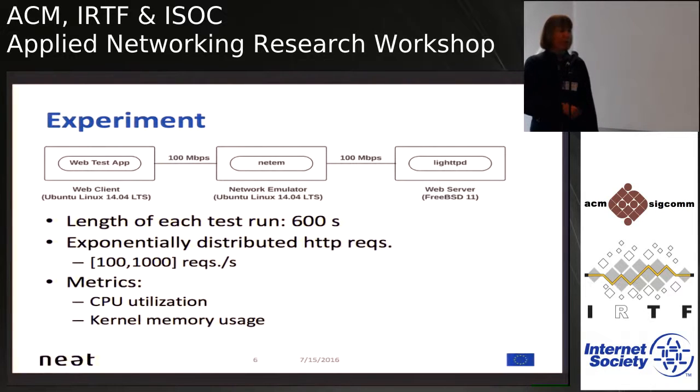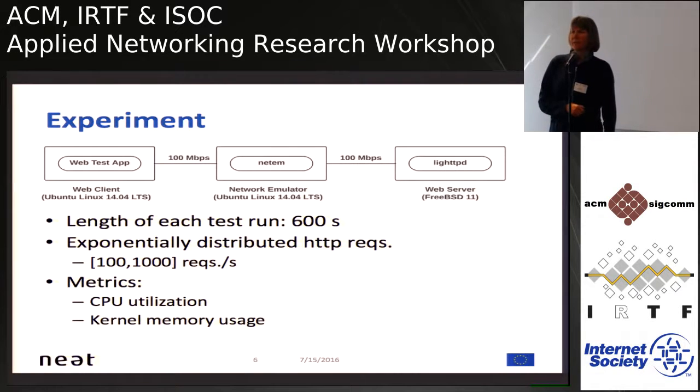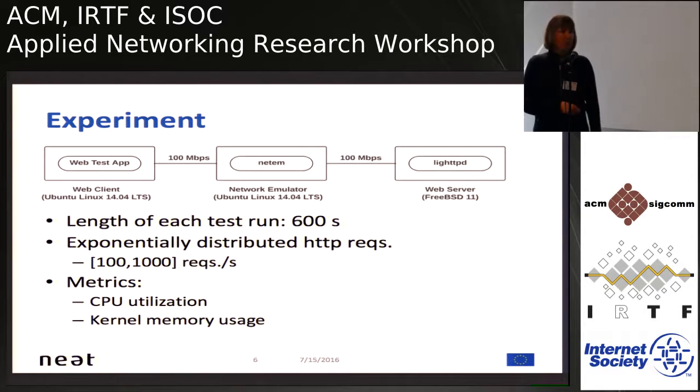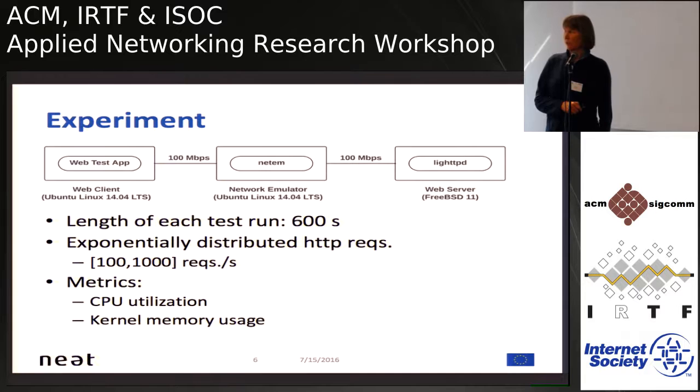And then we have a web test client that initiates the parallel connection requests over TCP and SCTP, and then selects one of them for the communication. We have a network emulator in between, and in this case, we're just using it to introduce a basic delay of 20 milliseconds in the communication.